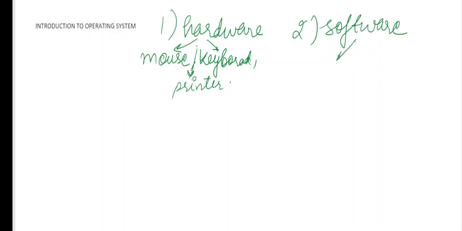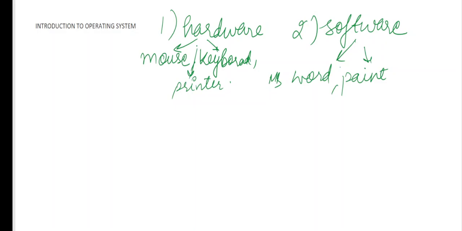And what is software? Software is something that is installed inside the computer system. For example, it includes Word, MS Excel, Paint, all those applications that you use inside the computer system. These are called software.